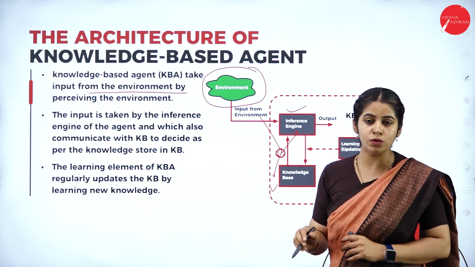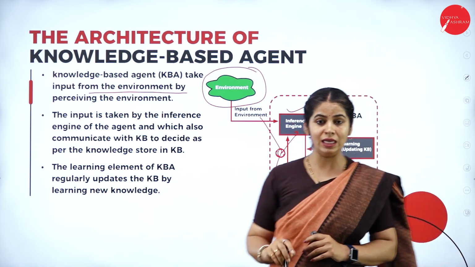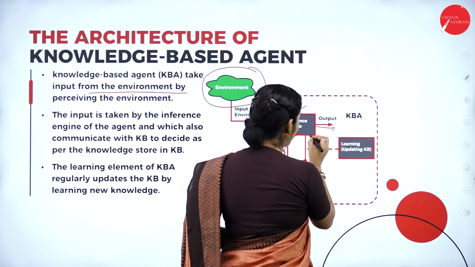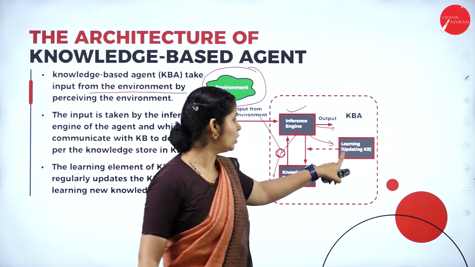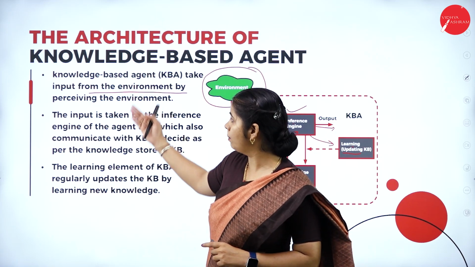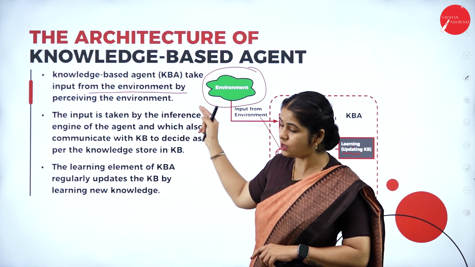Who will provide the new sentences? The inference engine will provide the new sentences. When it provides the new sentences, they can be given as an output and stored in the knowledge base, updating the knowledge base for further learning. That is what is described here. The knowledge based agent takes the input from the environment as perceptions.